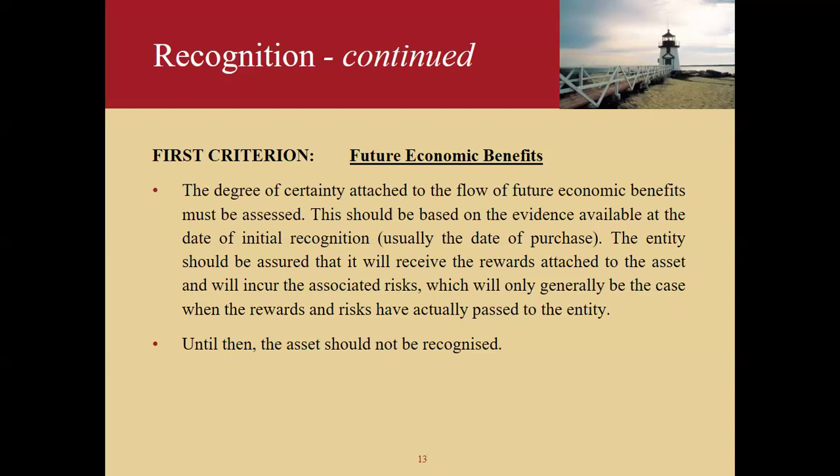The entity should be assured that it will receive the rewards attached to the asset and will incur the associated risks, which will only generally be the case when the rewards and risks have actually passed to the entity. Until then, the asset should not be recognized.